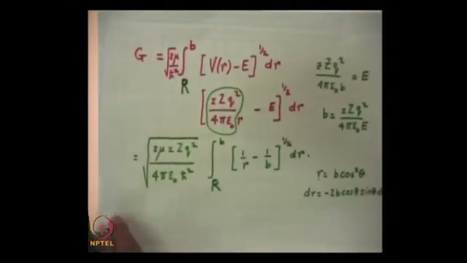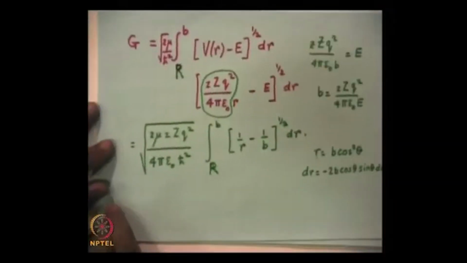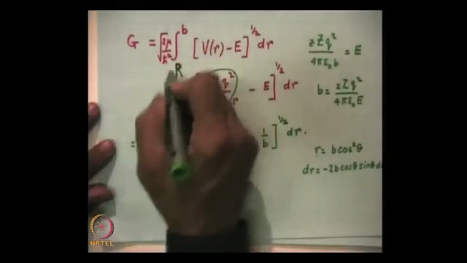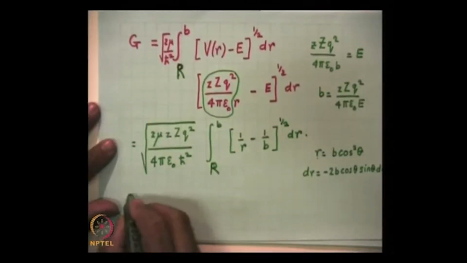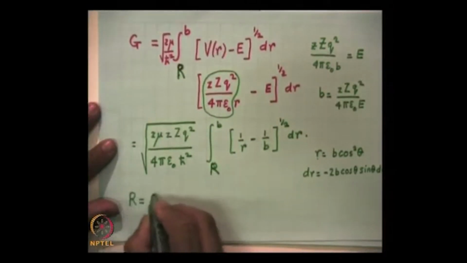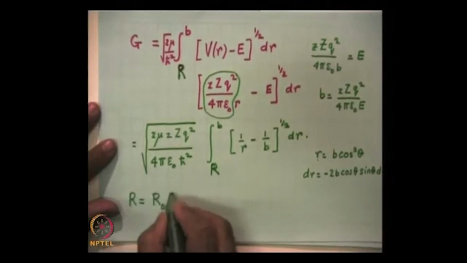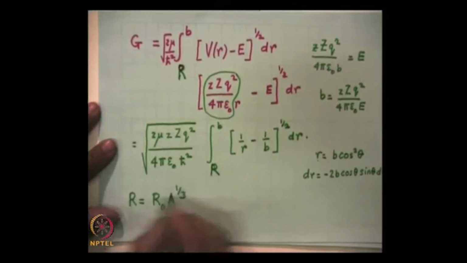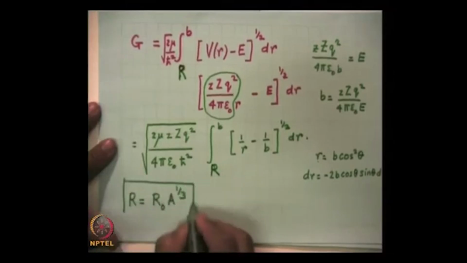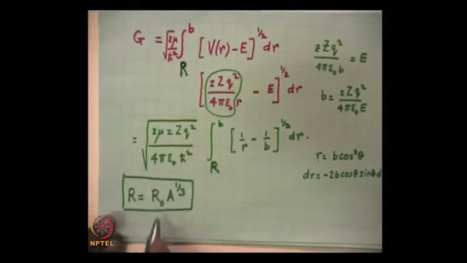So, the limits are not from 0 to b, but from capital R, which is the radius of the nucleus. The radius of the nucleus is given by r0 A to the power one third. There is an empirical formula where r0 is about 1 Fermi, 10 to the power minus 15 meters, and A is the mass number of the nucleus.